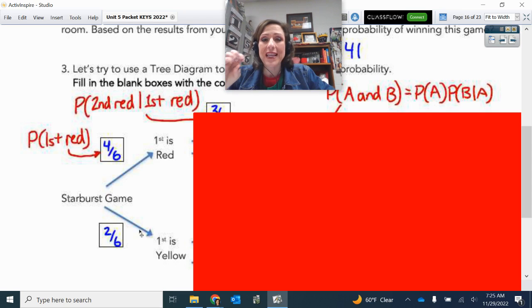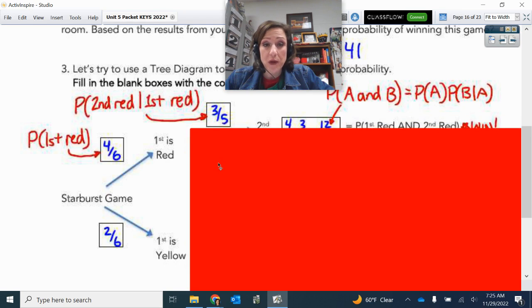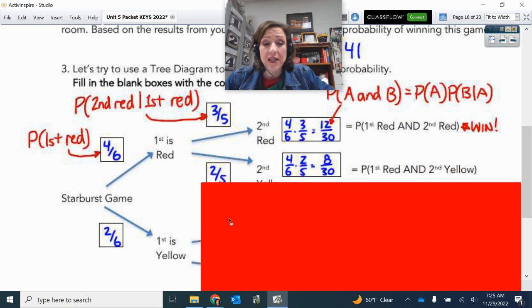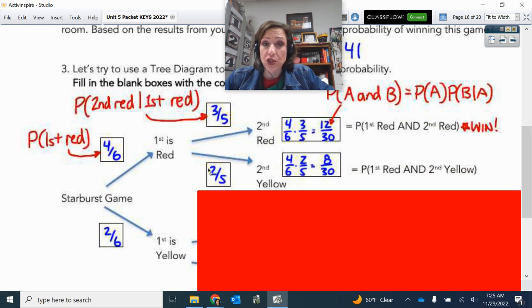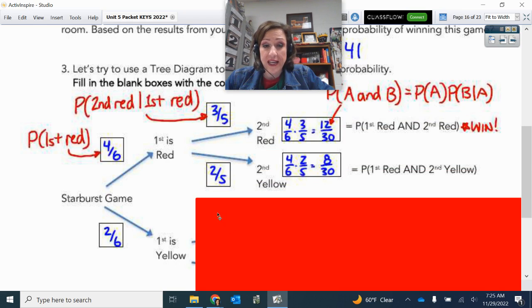And remember, conditional is us not replacing. I took that out and the probability is now changing. So let's just look at the reds. If I got a red, then how many reds are left? 3 out of 5. And there's still 2 out of 5 yellows if I had gotten a yellow.